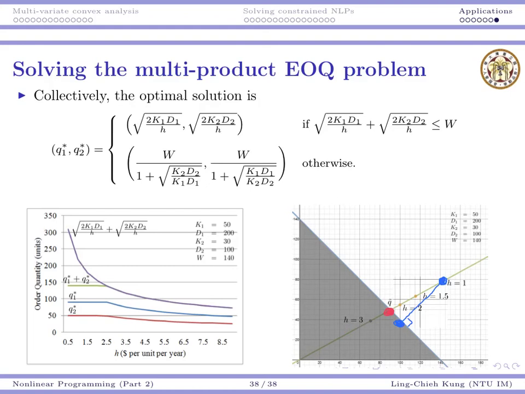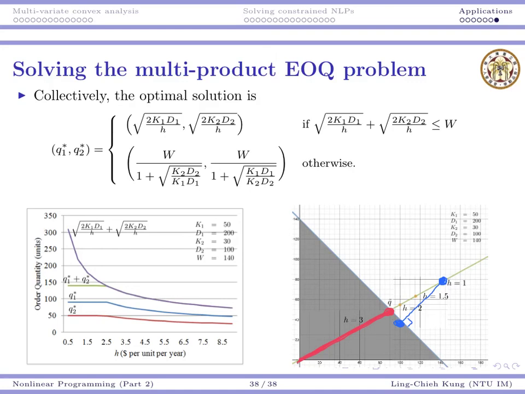If the holding cost is large enough, then the unconstrained optimal order quantities are small enough, and if it satisfies the capacity constraint, then it is optimal. So all the possible optimal solutions for different h will fill up this particular line segment.